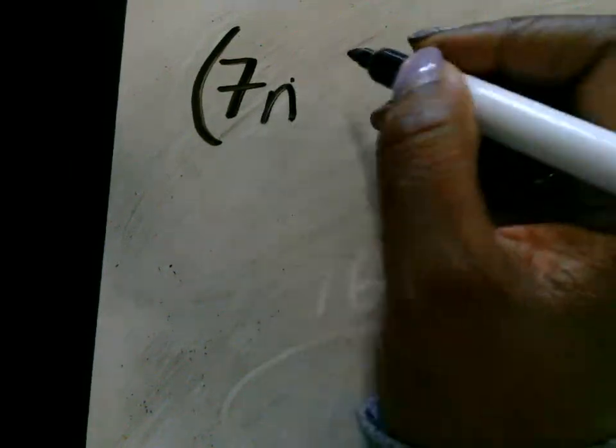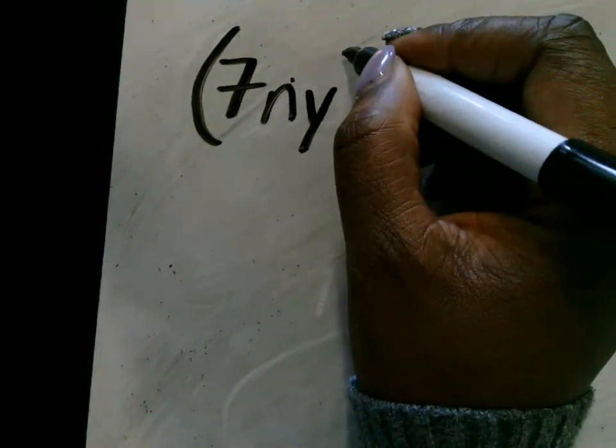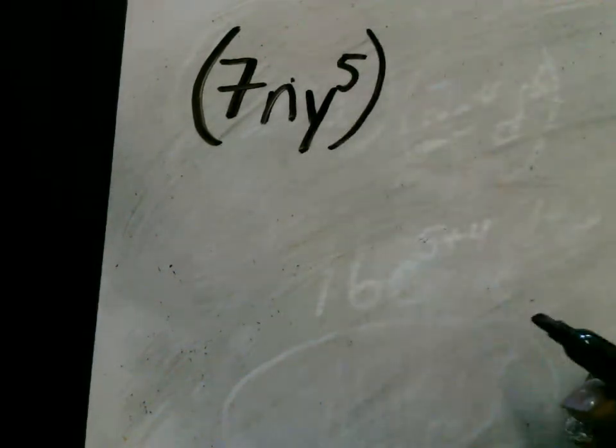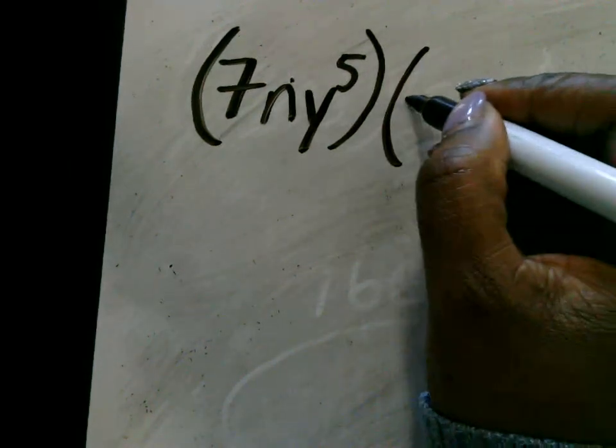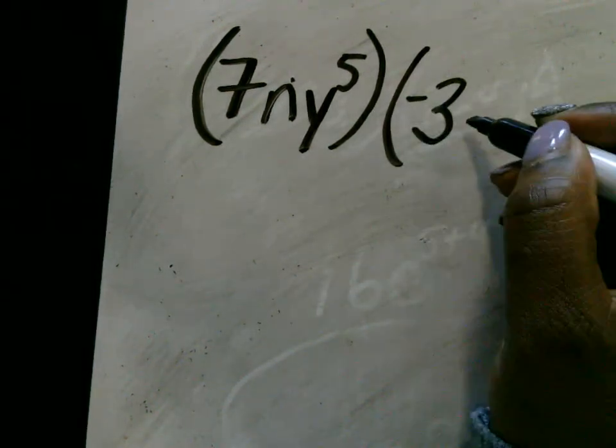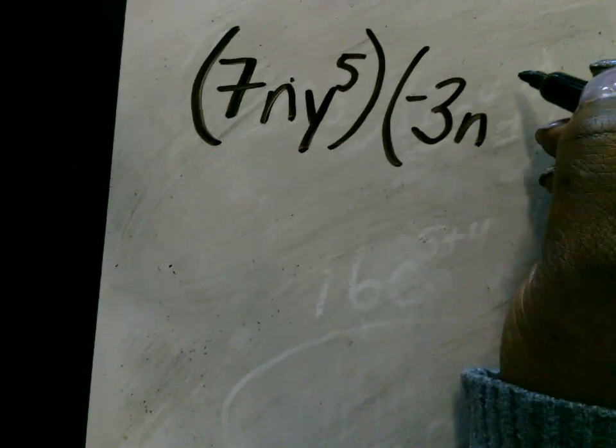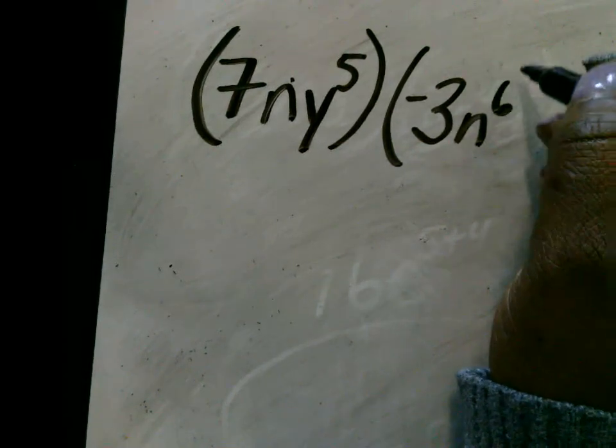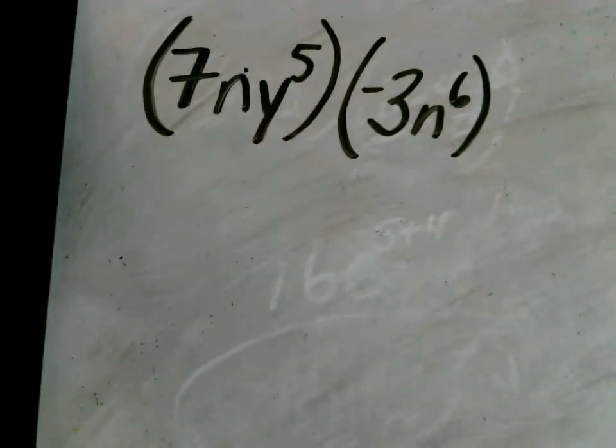Let's do N. Let's do NY. Let's do Y to the fifth. Now let's do -3 N to the sixth. Okay? That's it. Let me pause it.